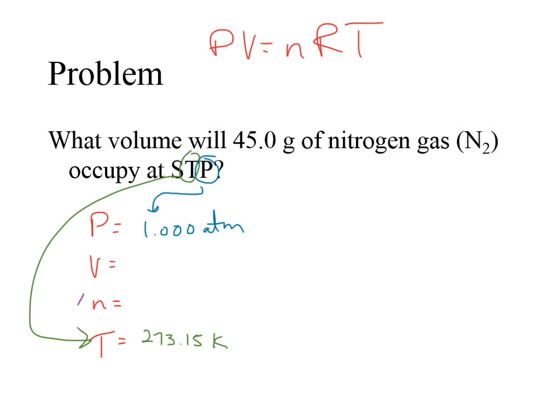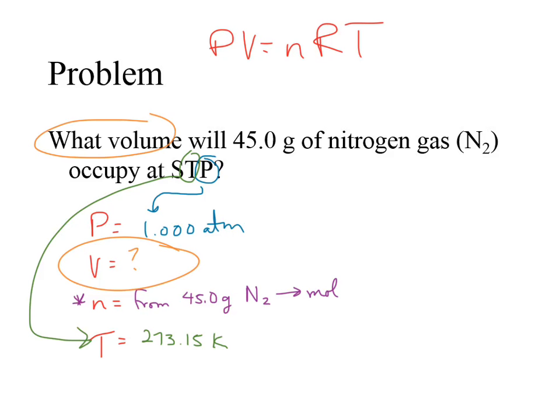They don't give us moles, but we can get moles from the 45.0 grams of N2. The one thing we don't have is the volume, and that's what we're after. What is the volume?